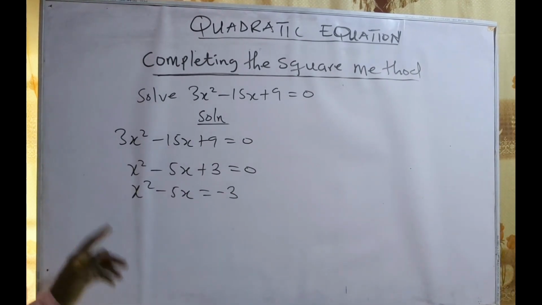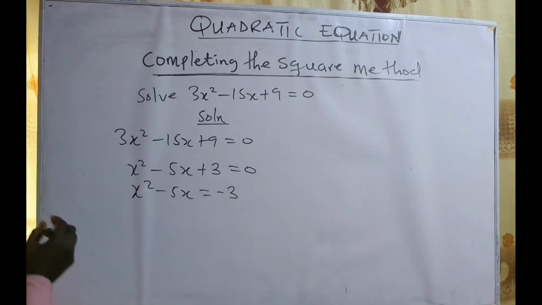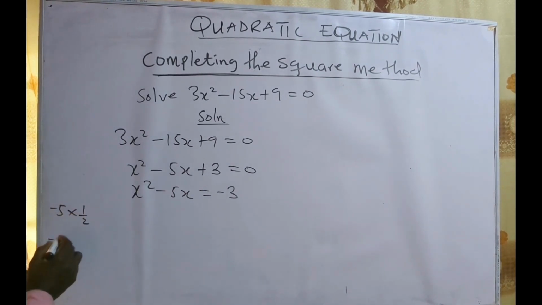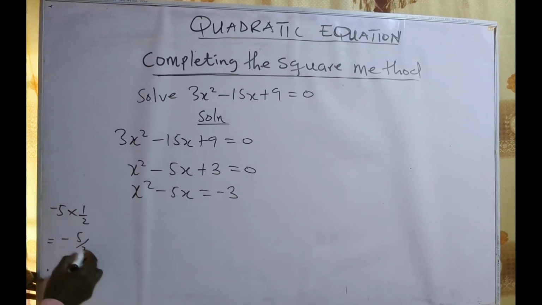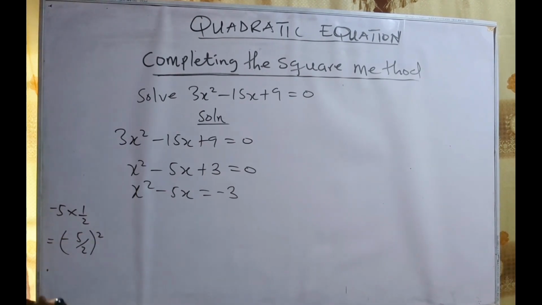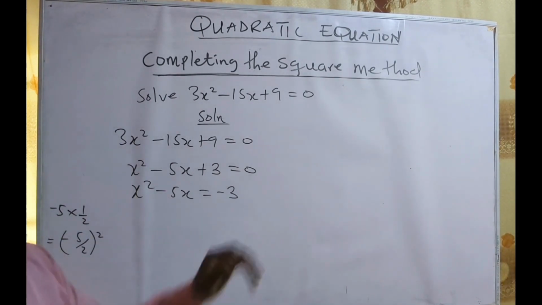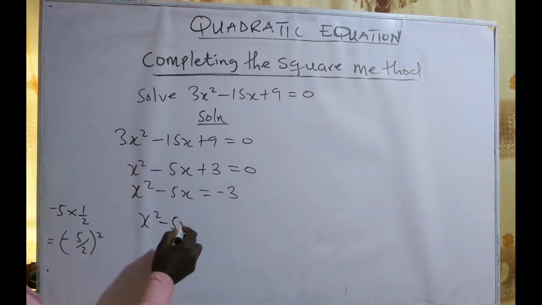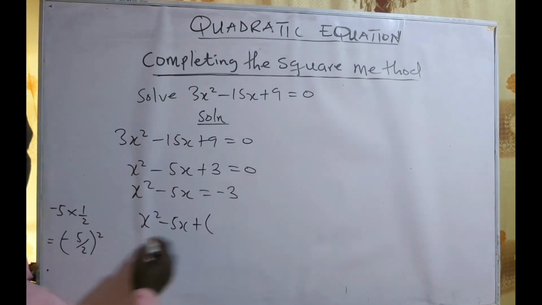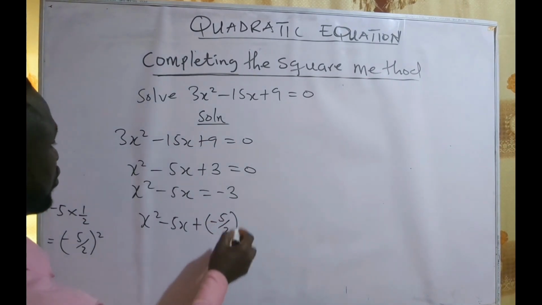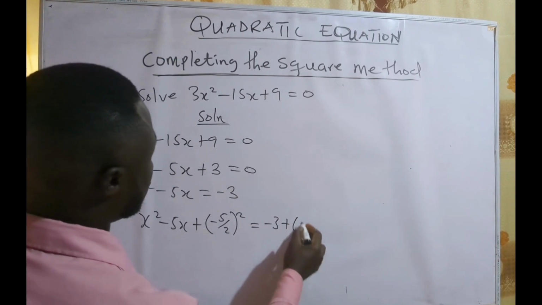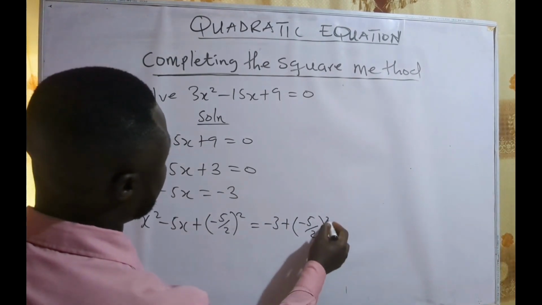Okay, after we have done that, then what we are going to do is to take the coefficient of the x, which is negative 5, then we multiply by 1 over 2, so that we get negative 5 on 2. Then we square. When we square, we will add to both sides of the equation. So that we have x squared minus 5x plus negative 5 on 2 all squared equal to negative 3 plus negative 5 on 2 all squared.